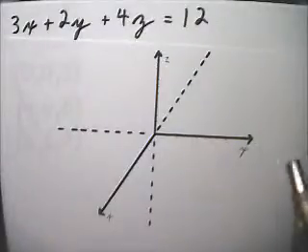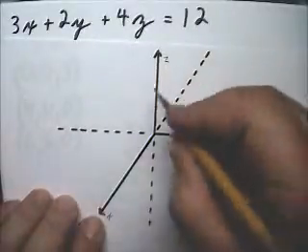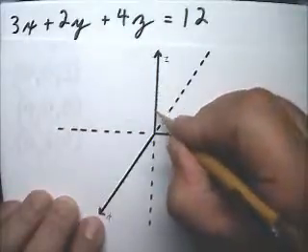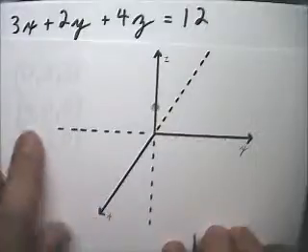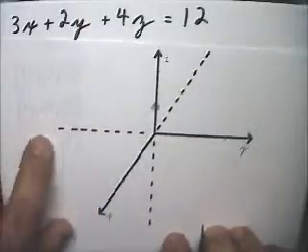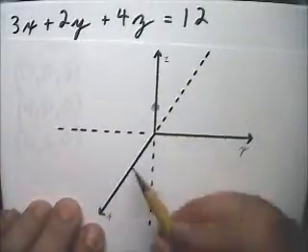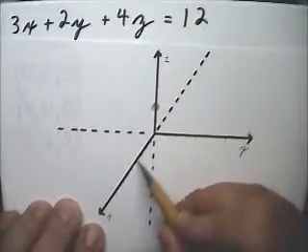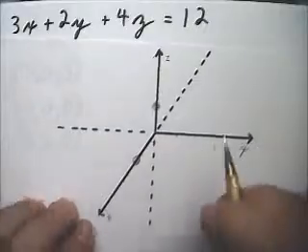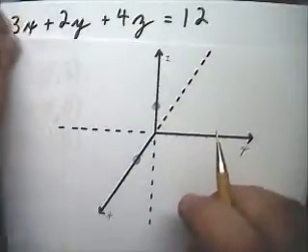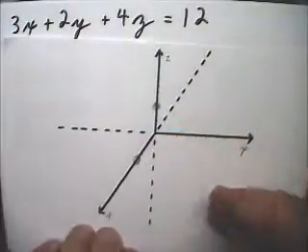So I've got 0, 0, 3, and let's say 0, 0, 3 is right there, and 4, 0, 0, so x is 4, so 4, 0, 0 is there, and I also have the point 0, 6, 0.